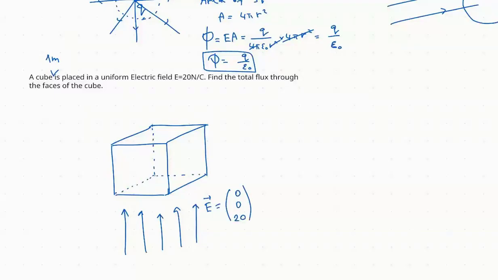It's along the z-axis. So this is the z-axis, this is the x-axis, and this is the y-axis. Now, I have 6 faces, so let's label them. How do I label them, making it clear which one's which?